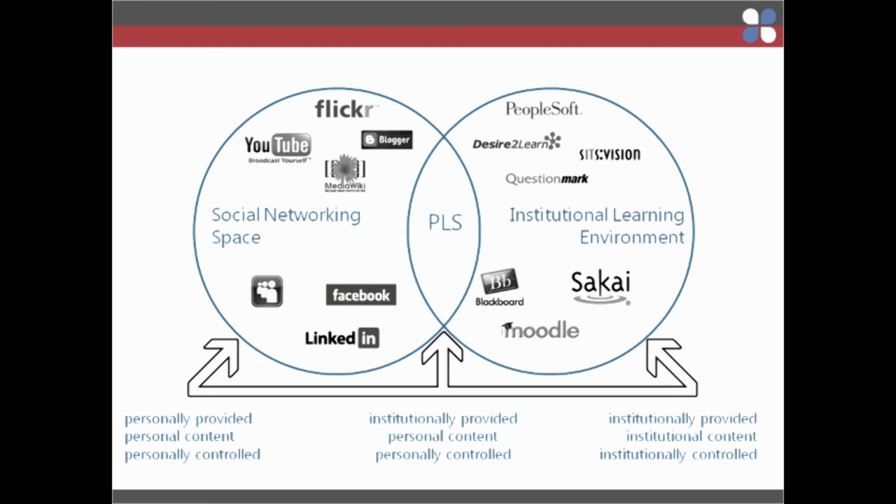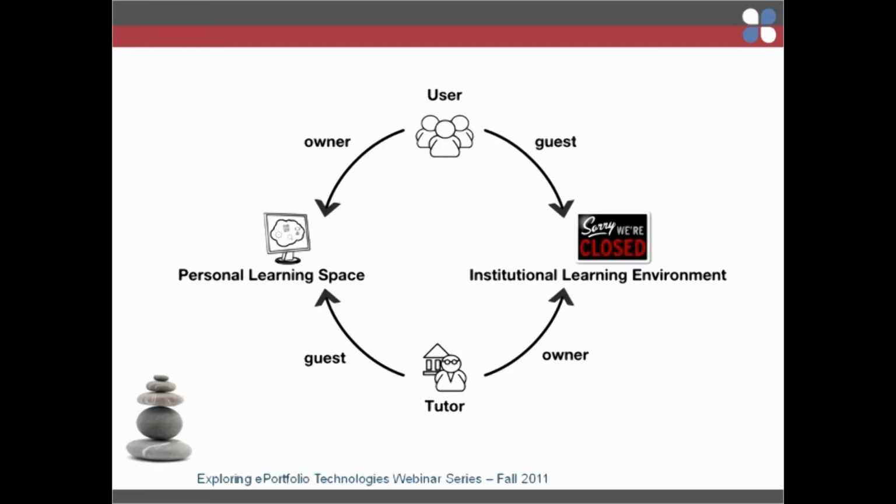Institutions typically would provide the personal learning space, and it seems a bit of a paradox, but it's provided because it supports their approach to learning and teaching or personal and professional development. It makes sense to have a system which is supportive and consistent or sympathetic to their approach to learning and teaching. But all of the content in it is absolutely owned and controlled by individual learners or individual users.